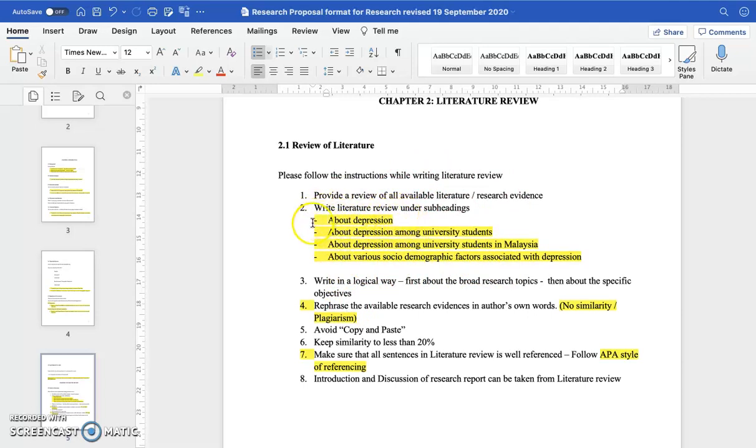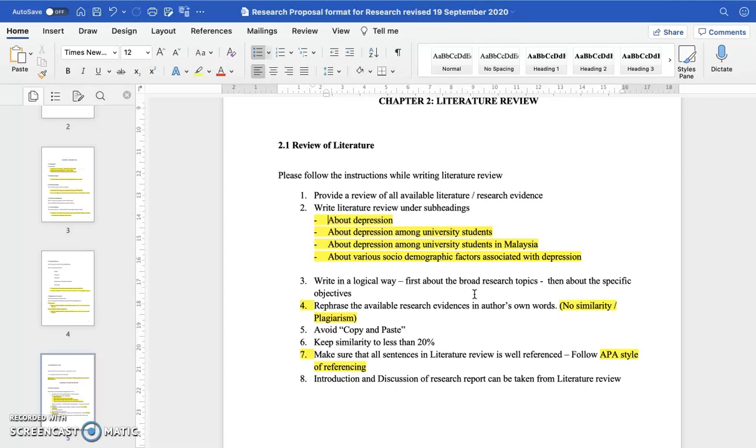Then you have to tell the public health importance of depression worldwide. How will you get it? You can go to the World Health Organization website and look for depression related articles. Then you can go to the CDC website, which means the Centers for Disease Control and Prevention, and look for depression related articles. So all this goes to the first paragraph about depression.